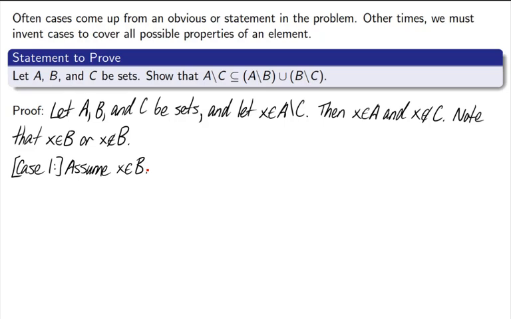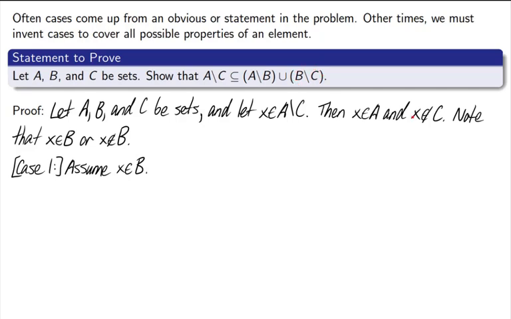Now let's look again where we're trying to go. I'm trying to show that x is an element of this large set. But just to give you an idea of what I'm going to do, remember, to show that an element's in a union, all you really need to show is that it's in at least one of the two sets. So since x is an element of B, let's show that x is an element of just B minus C here.